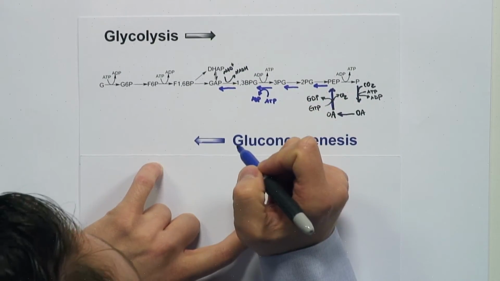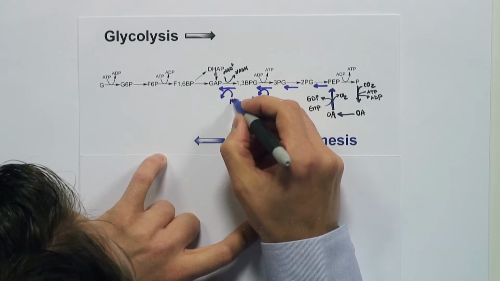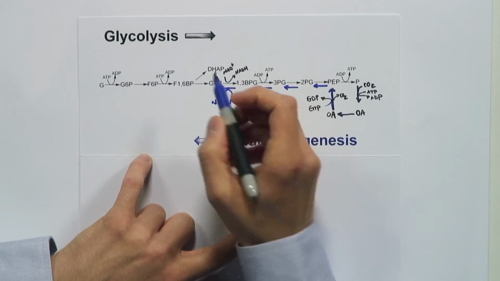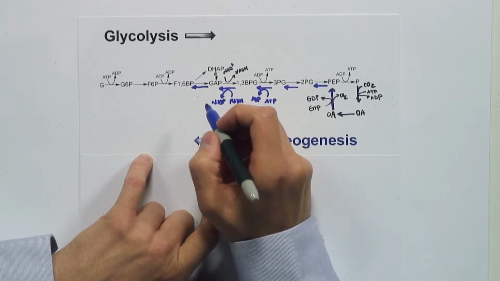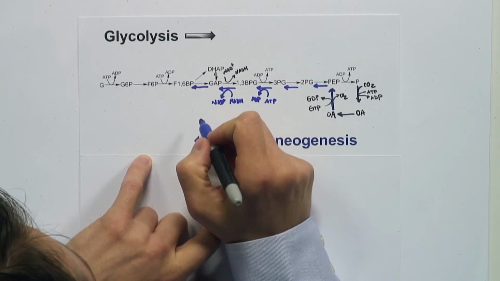This is the step we just discussed in part 2 of the problem. As we said, we're going to need NADH going to NAD+. Then GAP and DHAP going to fructose 1,6-bisphosphate. This is the step we discussed in part A of this problem, the reverse of the aldolase reaction.